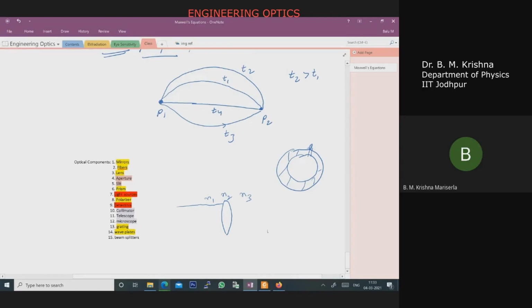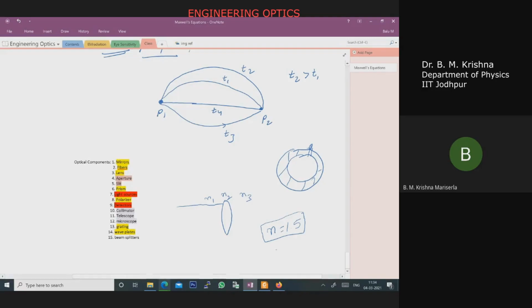When you talk about the refractive index of a medium, for example glass, what is the refractive index of glass? Roughly 1.5, right? But that is actually not for all electromagnetic radiation.